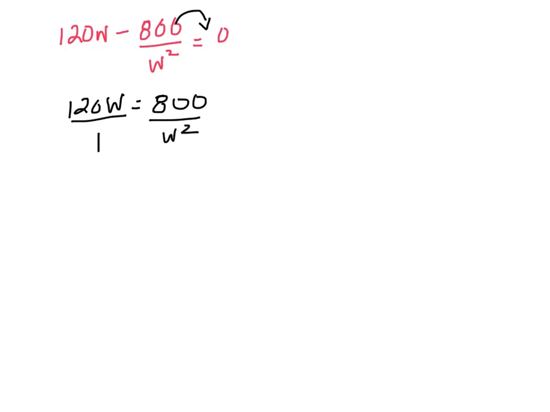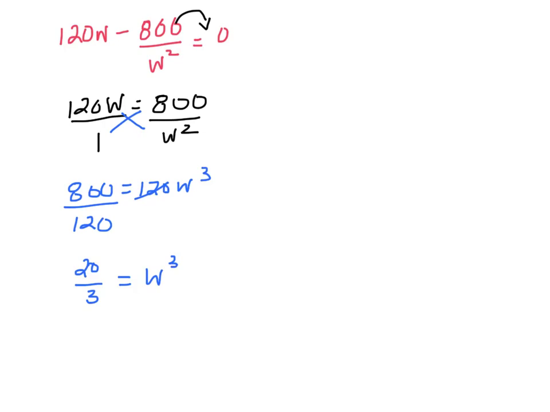Maybe just cross multiply. So we have 800 equals 120W cubed. Divide by 120. 800 over 120 reduces to 20/3.